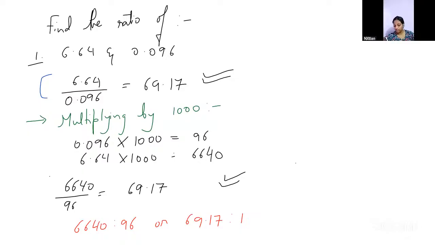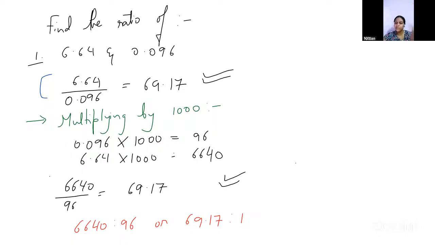Now, to simplify this further, you can take prime factorization. Then the number that you get at the end will divide both 6640 and 96.